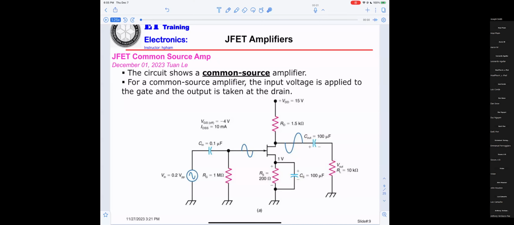Okay, and also they're telling you they get the capacitor here. You get the gate. Okay, this is the gate, gate right here. That will be the source right here. That will be the drain. Okay, and that will be Vout.